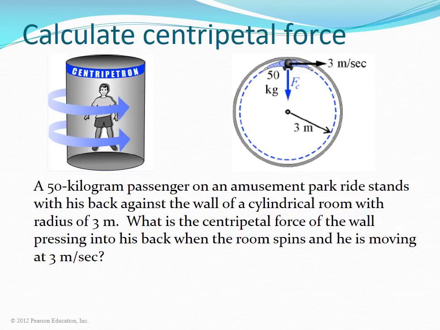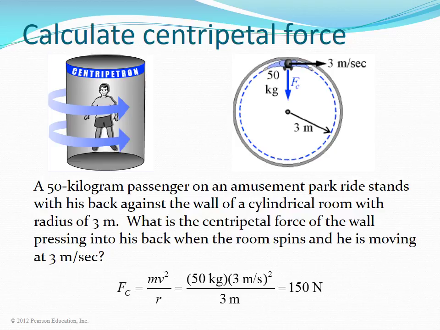The formula that applies is F equals mv squared divided by r. Solving gives us a centripetal force of 150 newtons, directed toward the center of the room. The force that causes this centripetal force is actually the normal force of his back on the wall.